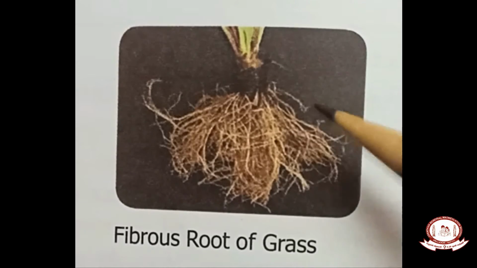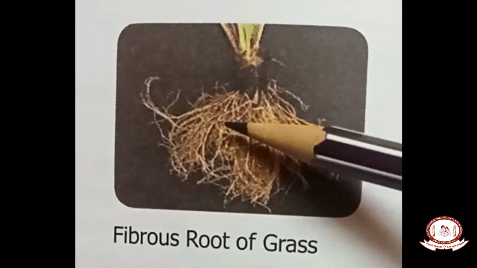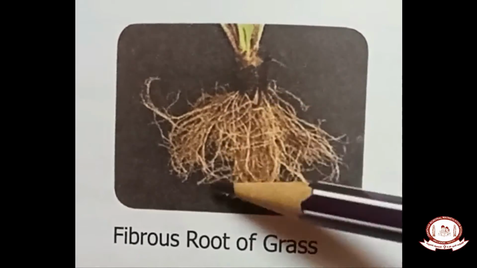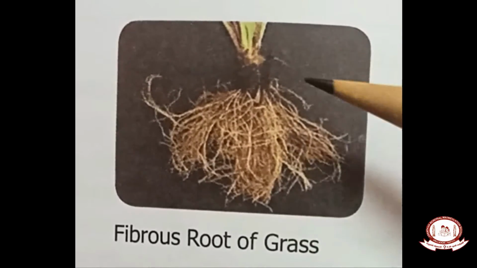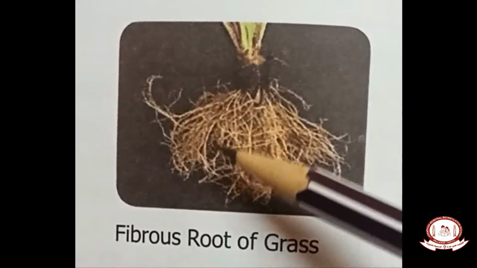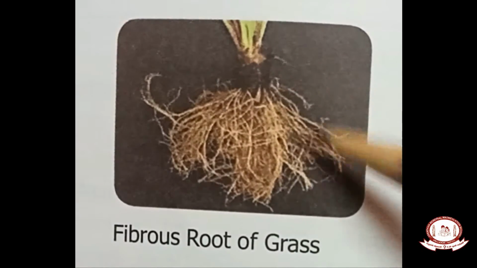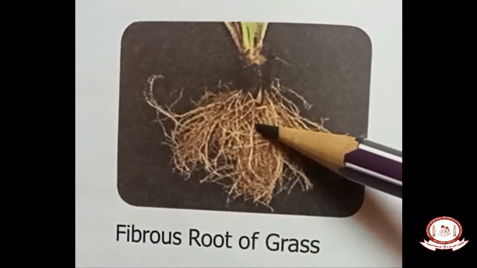Children, now see the diagram of fibrous root. Here you can see bunches of roots arising from the base of the stem. But in taproot there is a main root, and from the main root there are lateral roots. Here you can see only many minute, hair-like roots arising from the base of the stem. That is called fibrous root.